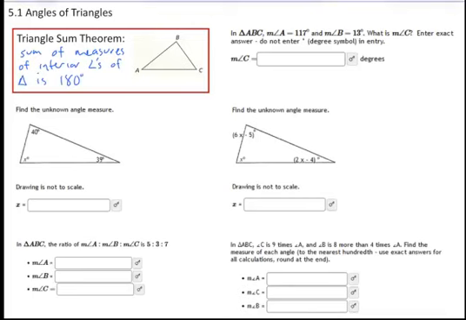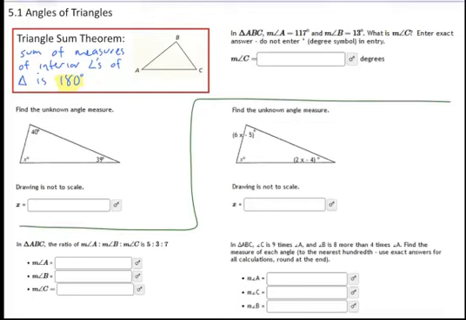And again, most of you are already pretty familiar with this. So when you're calculating measurements for a triangle, you know that you're dealing with a total sum that is 180 degrees. So I want you to try these 2 questions here first. These are the 2 straightforward questions. Go ahead and see if you can answer those knowing that the sum is 180.